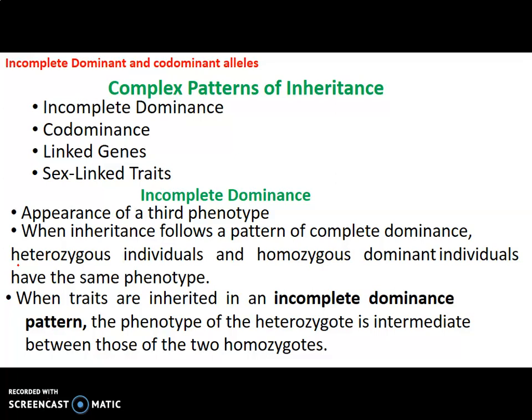Why? Because tallness is dominant there. But in incomplete dominance, such a thing doesn't happen. You see that the heterozygote is intermediate between the two homozygotes.